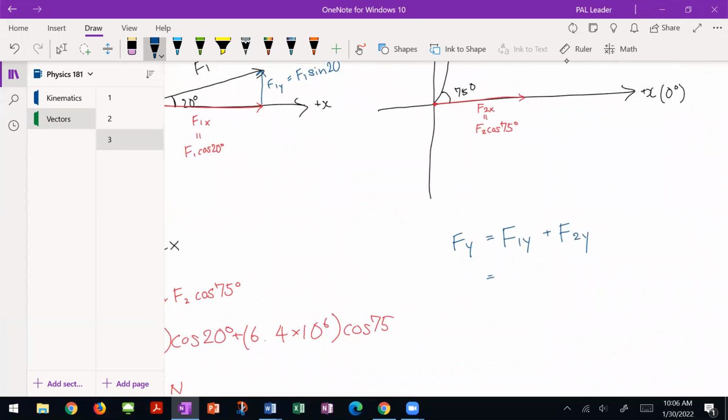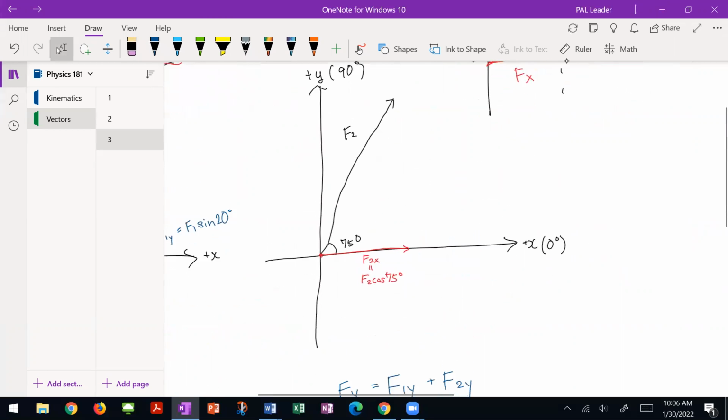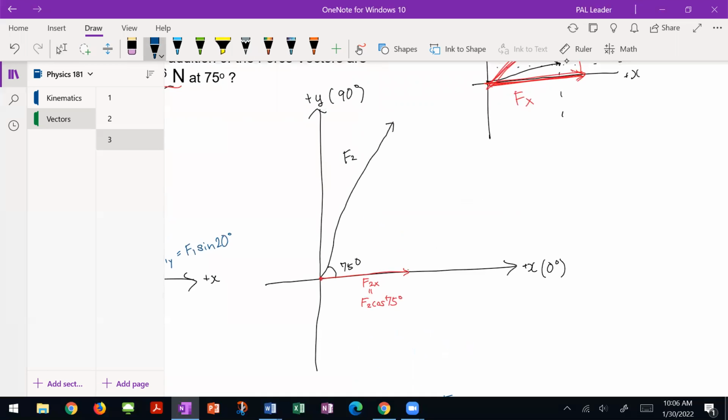So we found what F1y was, right? It would be F1 sine 20. Now let's look for F2y. So we start here. We went x over, and now we're going to go y up. Pretend these touch, and that's going to be F2y.